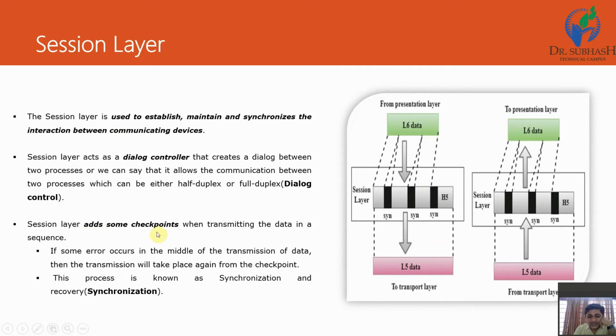Session layer adds some checkpoints when transmitting the data in a sequence. With checkpoints, first it checks error control, whether the session is live or not, and authentication. These checkpoints are all covered by the session layer. If some error occurs in the middle of transmission of data, the transmission will take place again from the checkpoint.